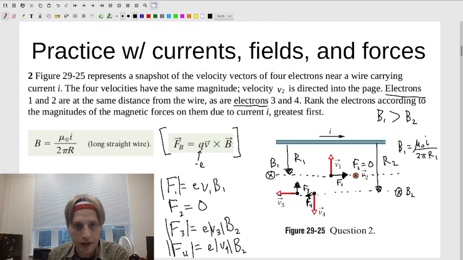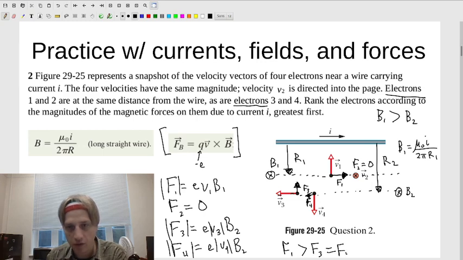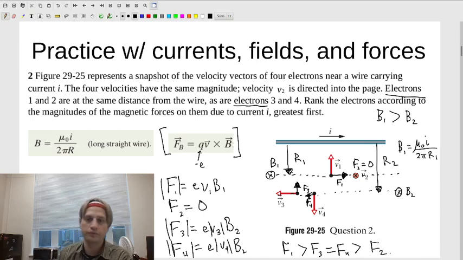So what you get in the end, because V3, V4, and V1 all have the same speed, is that F1 has the biggest magnitude, is greater than F3, which is equal to F4, which is greater than F2.